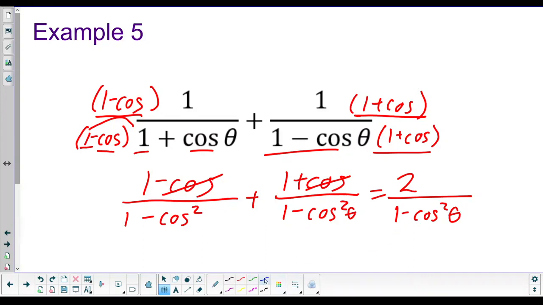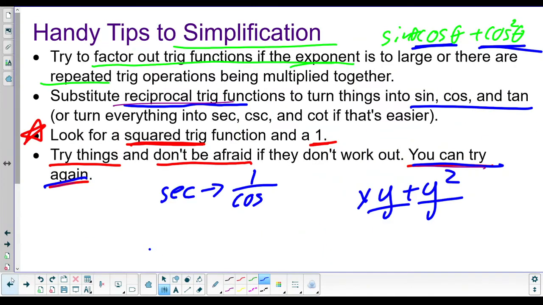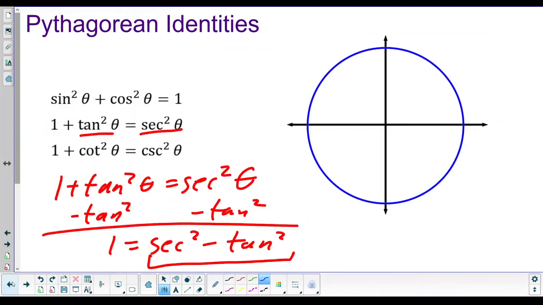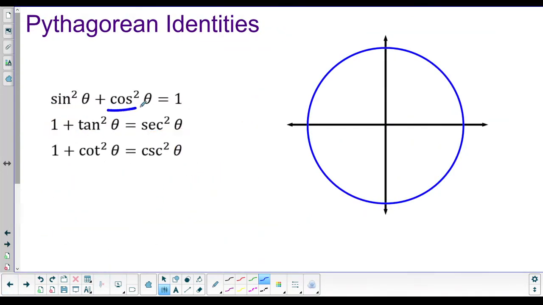Oh, look, we have a 1 and a trig function squared. Let's see if we can substitute that with an identity. All right, so the identity that we know that has those two things in it, the cosine squared and the 1, is the base Pythagorean identity that everyone knows. What we have is 1 minus cosine squared theta.